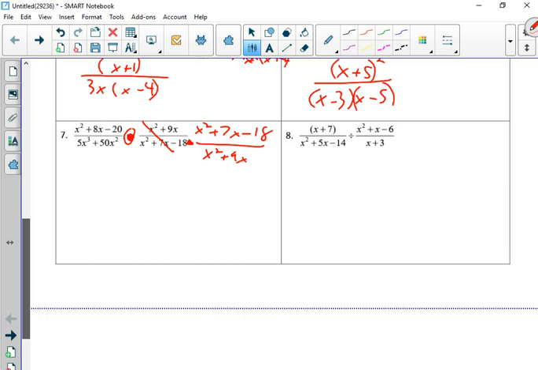So x squared plus 8x minus 20. x and x. I need two numbers that multiply to give me 20 that differ by 8. That's going to be 10 and 2. I need more positives than negatives. On the bottom, I'm just going to pull out a 5x squared, which will give me x plus 10.